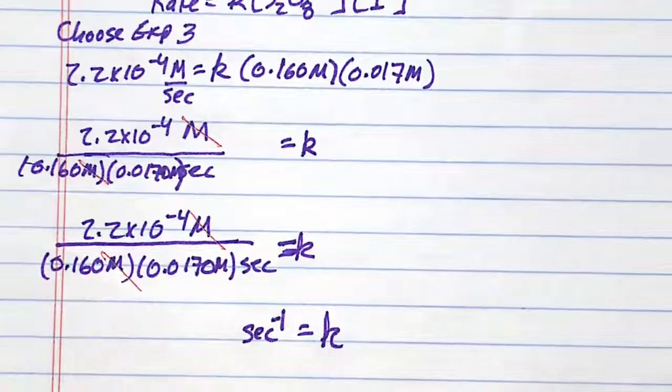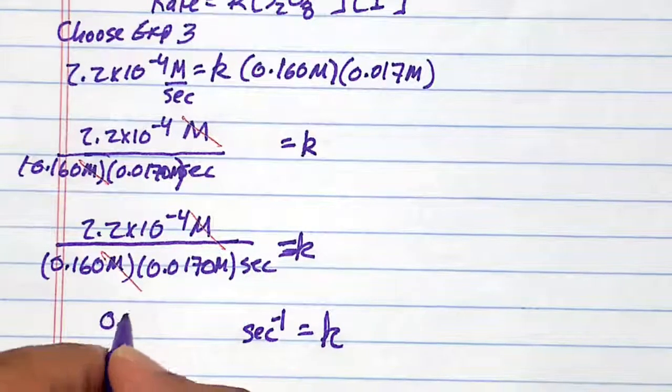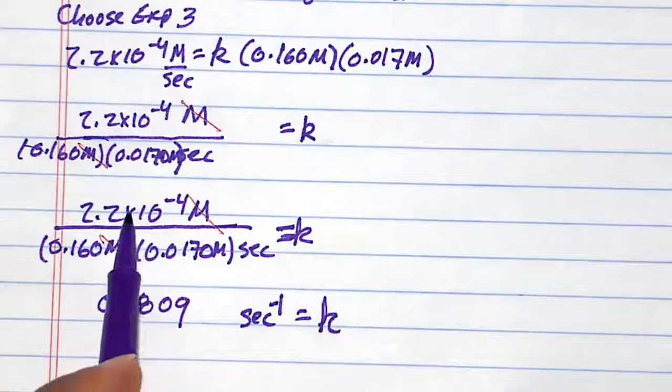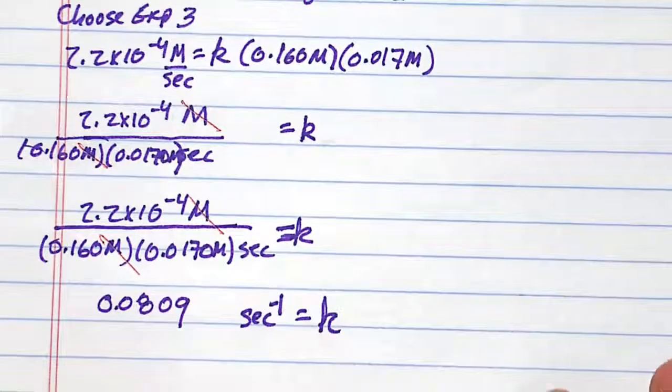And that product, when I put it in my calculator, I get an answer of 0.809 with 3 sig figs. Even though this is 2 sig figs, I'll go with 3 sig figs here.